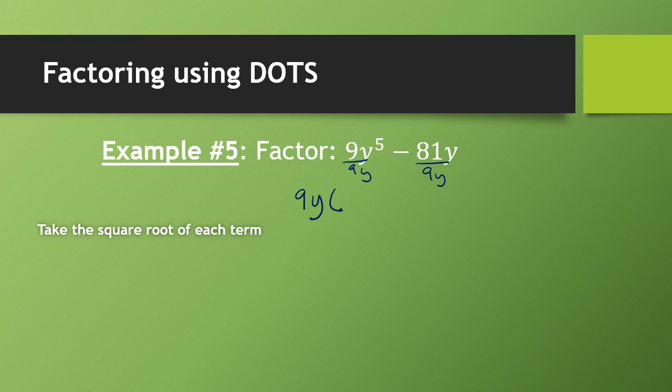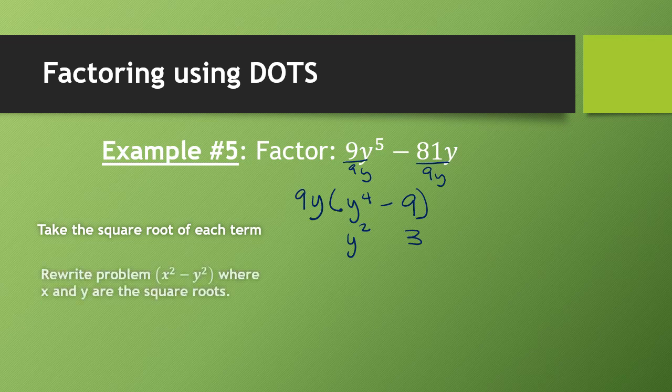If I factor out a 9y, I am left with y to the fourth minus 9. All right, so now if I take the square root of each term, the square root of y to the fourth is y squared, and the square root of 9 is 3. So if I rewrite this problem, I have my 9y on the outside. This has to come down every step.